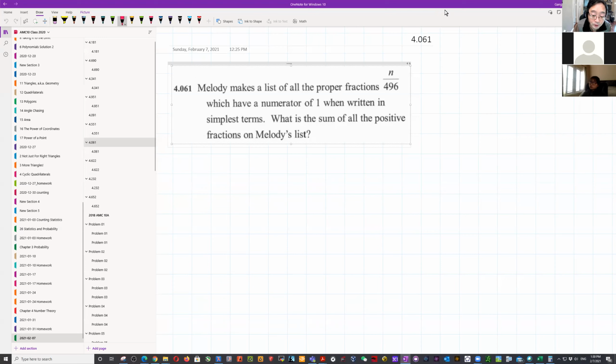So this type of problem means we have to sum up all the possible positive fractions.